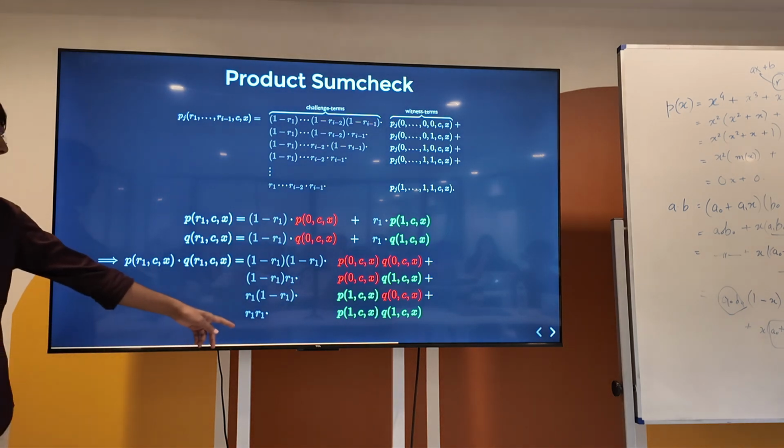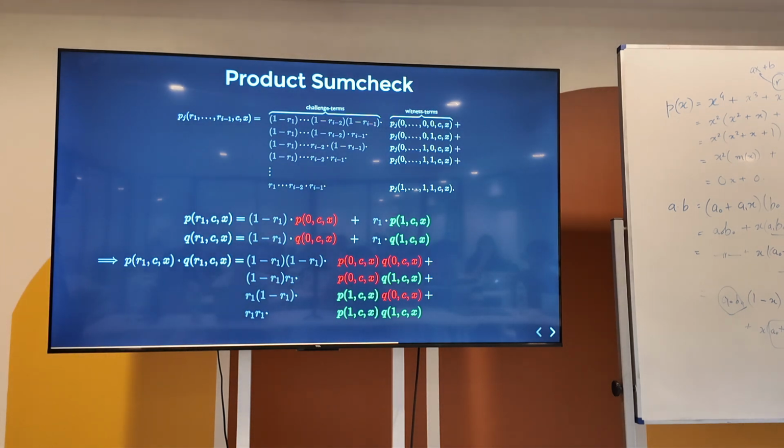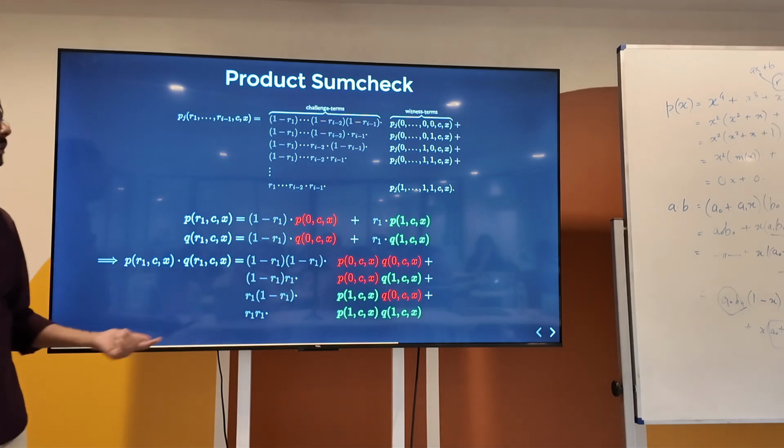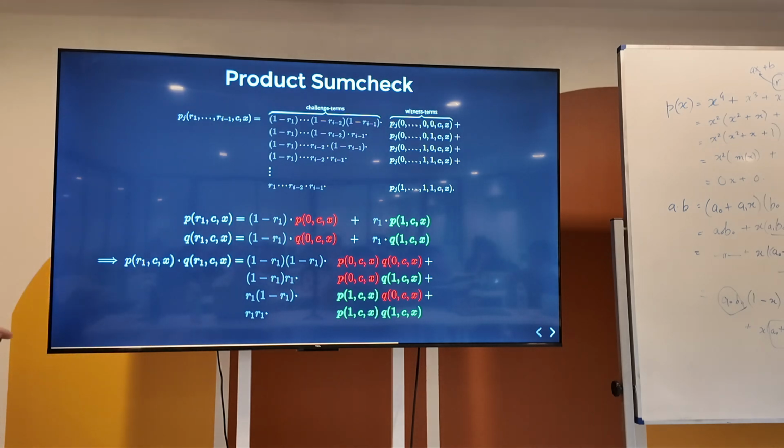Now, it looks pretty simple that we should be able to apply the Karatsuba trick here. But the challenging part is, can we extend that trick to further rounds? This, I'm saying, is only 2 polynomials. First problem, we are only looking at 2 polynomials. Second problem, we are only looking at the first round. Can we generalize this for further rounds?